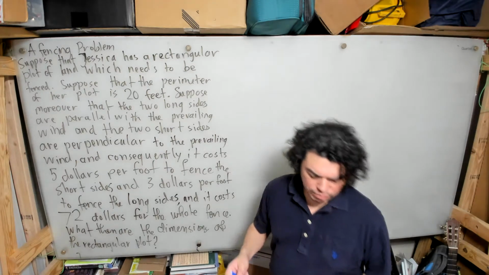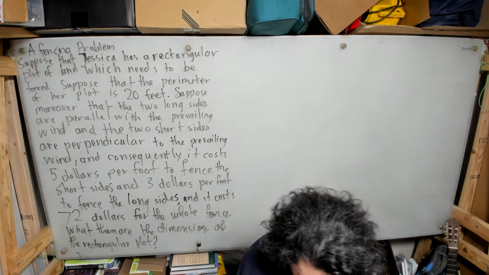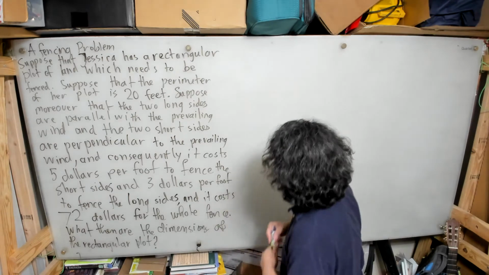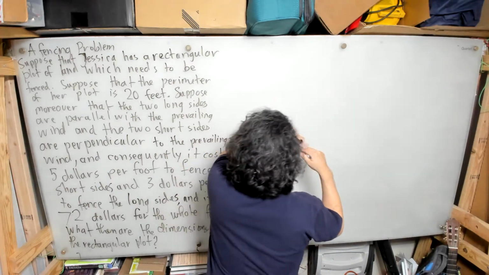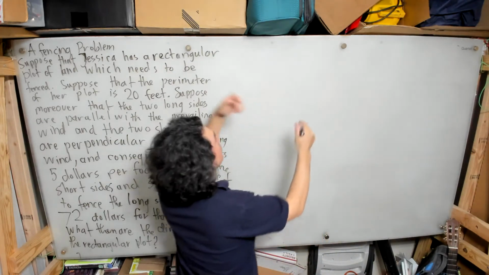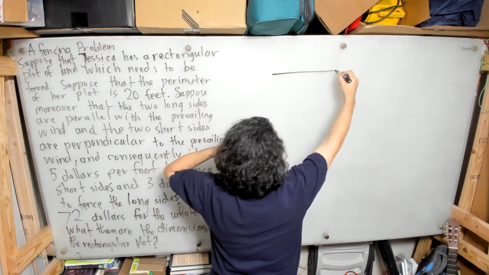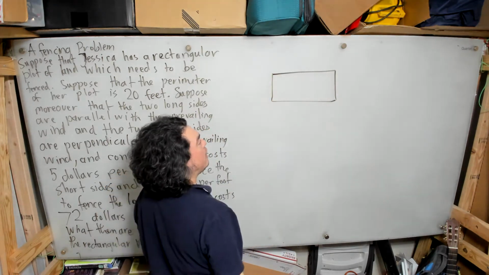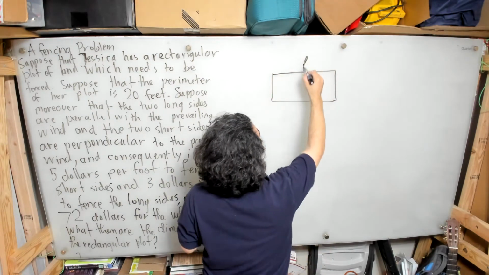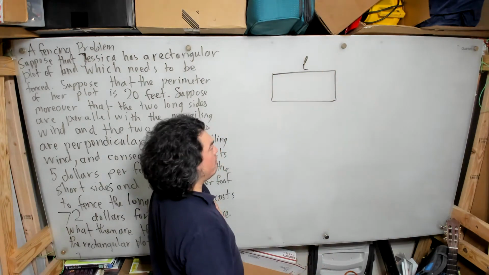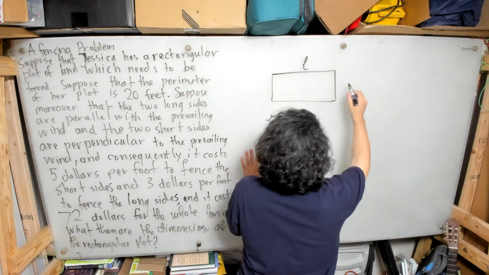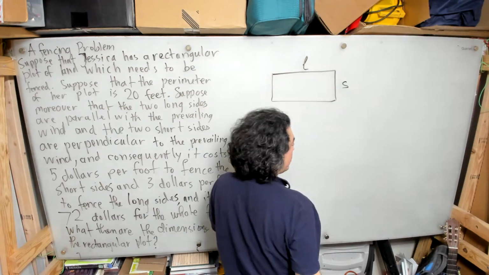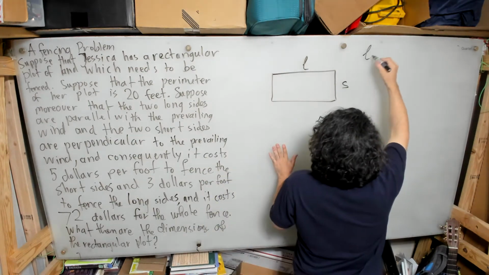And so let's begin by drawing a picture. So what I'm going to do is I'm going to say, okay, I have this rectangle. It looks like this. And let L represent the length of the long sides. And let's let S represent the length of the short sides. So let's label this.